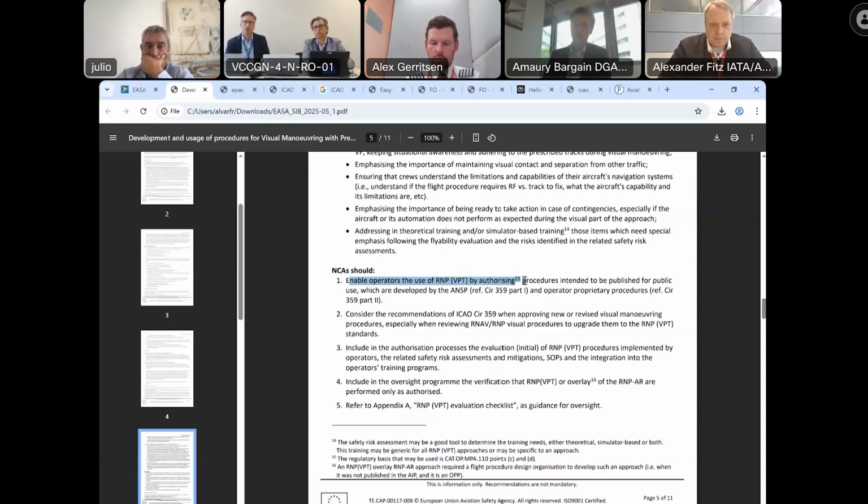I don't know what is the future for DGAC France, if they're going to validate and authorize each individual one, or they're going to establish a generic process, but this is going to be up to each authority, because the SIB, which is a safety information bulletin, is not regulation, gives you enough room to do either of the two oversight processes.